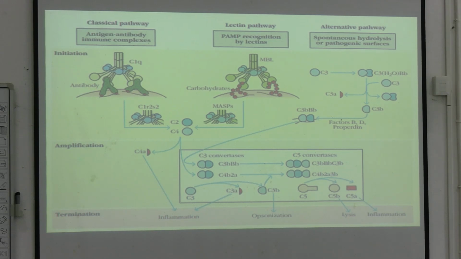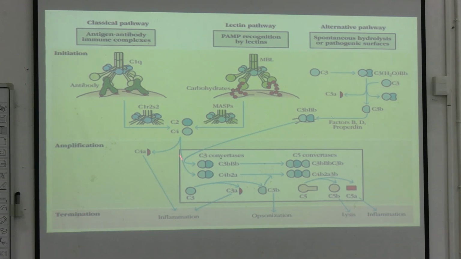Now, let us look at the pathways. If we look at the pathway, the first is the classical pathway. I have already told you it is triggered by the antigen antibody complex. The C1 complex will be triggered from C1q to C1r to C1s. This will result in activation of the C4, which will break down into C4a and C4b.